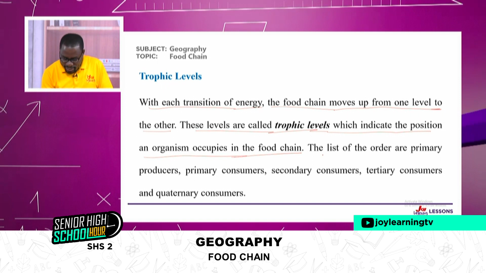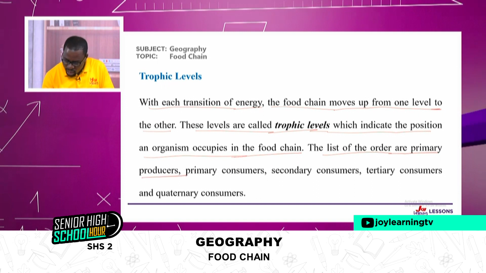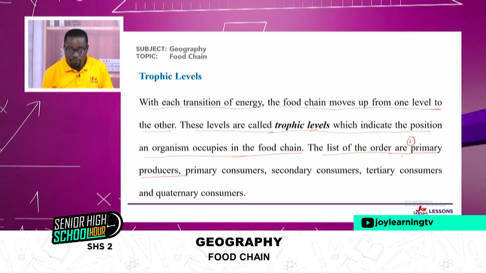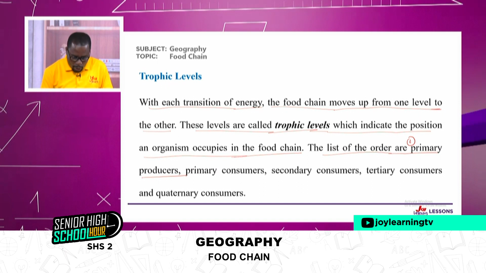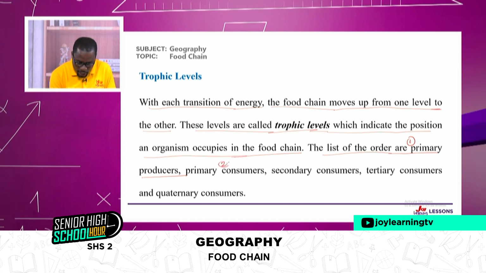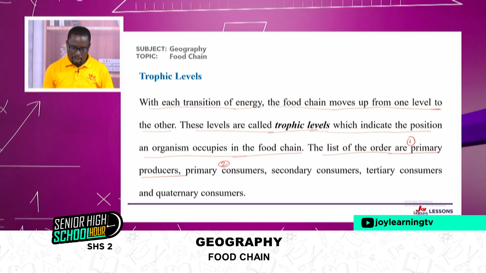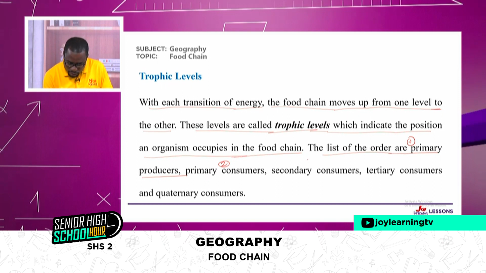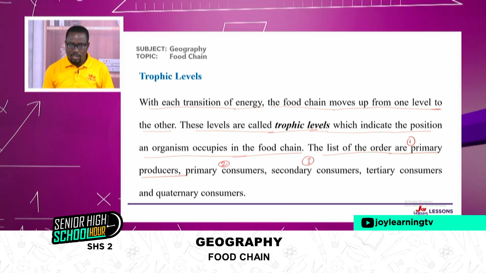Now, the list of the order. Number one, we have primary producers, starting from the manufacturing of its own food, which can be done by the plants. Number two, we have primary consumers. Is that okay? The grasshopper will feed on the plants. Number three, we have secondary consumers, which is synonymous with herbivores. Is that okay?